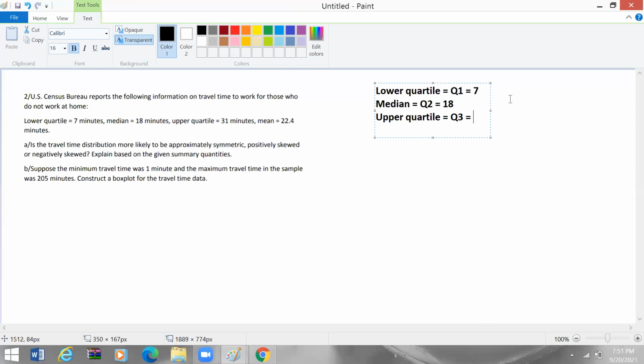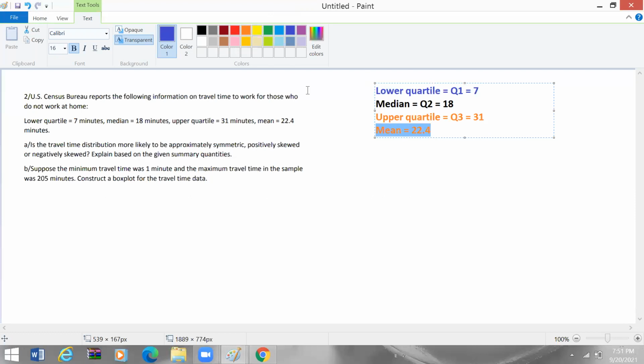And that's going to be representing 31 minutes. Okay, so let me just change the different markers so you can see them a lot easier. And now we're going to have the mean equal to 22.4.